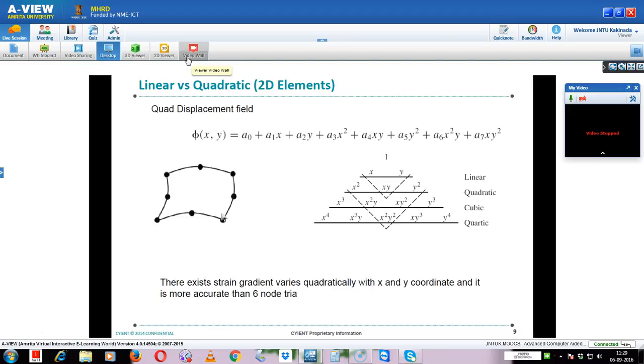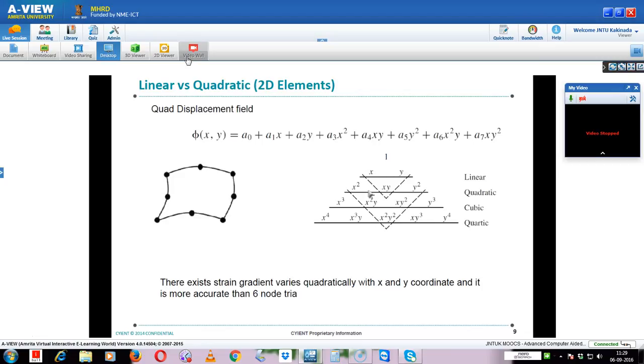Coming to the quad element with the quadratic formulation, it has 8 nodes. Definitely it should have 8 terms here. So when you try to identify the 8 terms, we have to take all the 6 terms relevant to tria, plus we need to take additional terms.